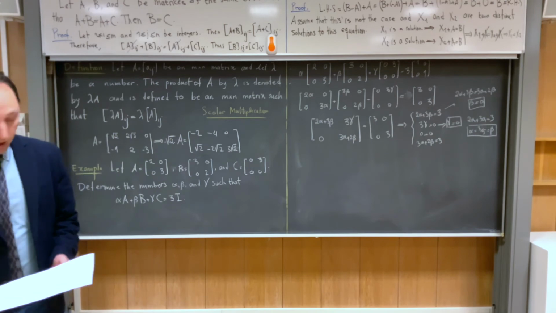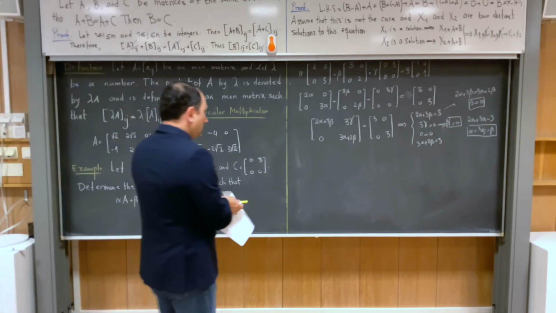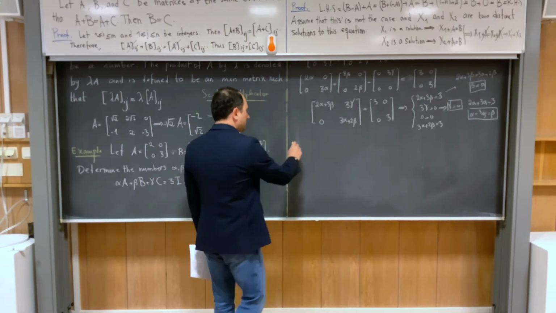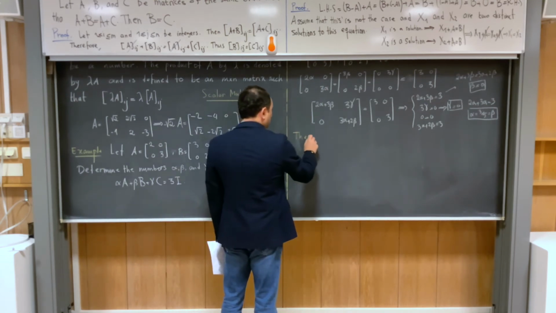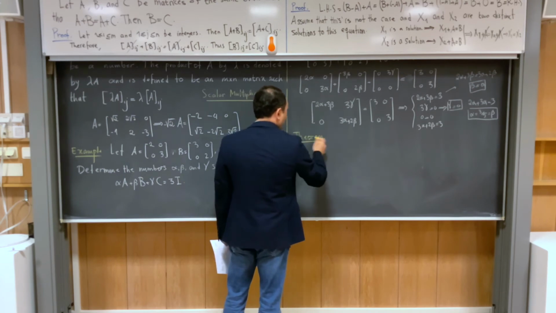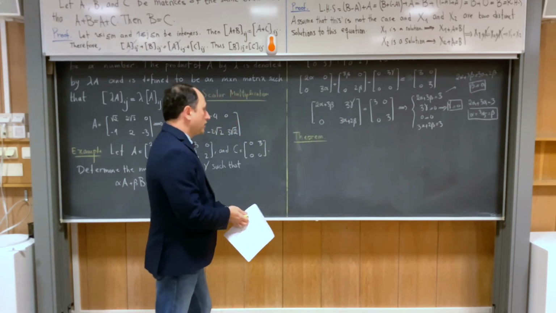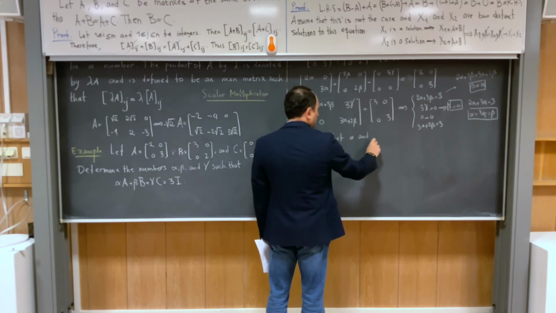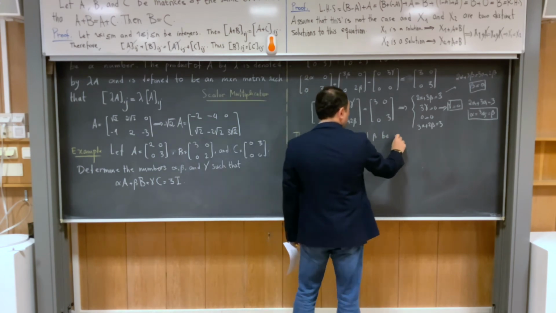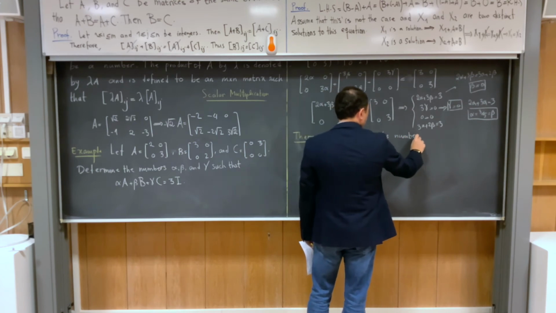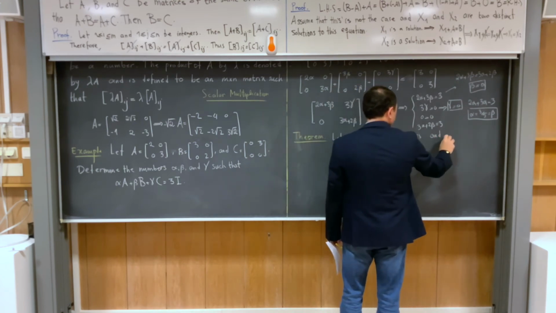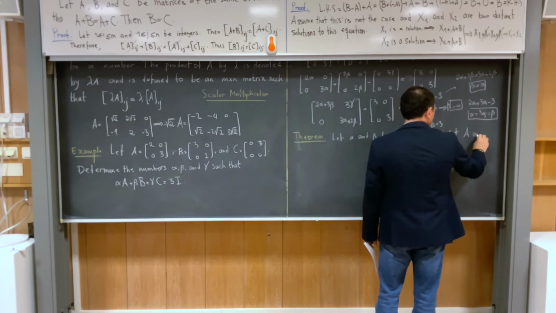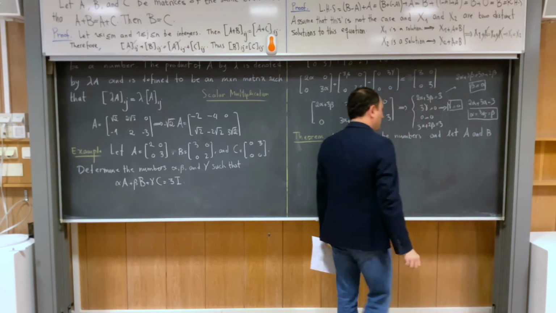Okay, but then I want to state another theorem, the properties of this multiplication. So theorem, the properties of scalar multiplication. So I would say that let alpha and beta be numbers, and let A and B be matrices of the same order.